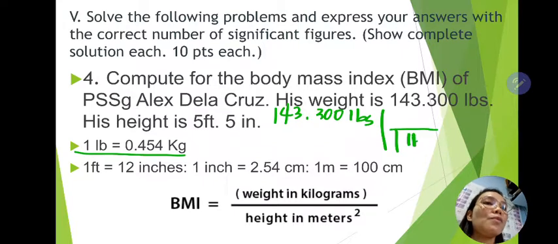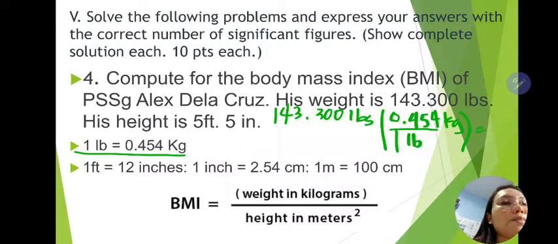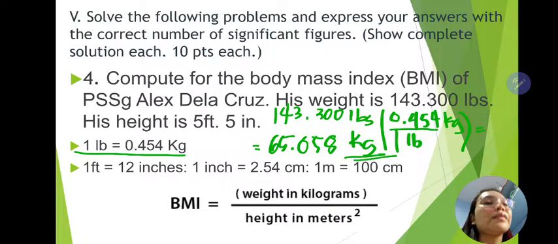So, syempre sa baba yung pounds. 1 pound is equal to sa taas yung kilograms. So, that will be 143 times 0.454. So, you have 65.058 kilograms. Okay?